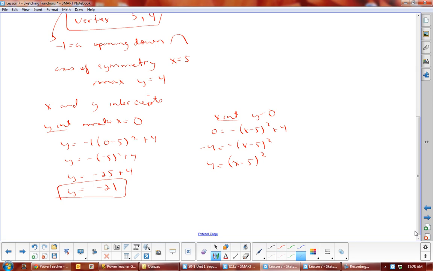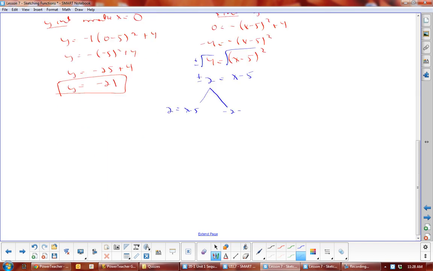Okay. Now I have to take the square root, right? Since I'm taking the square root, make sure it's plus minus. So plus or minus 2 equals x minus 5. So you're going to have to branch off. So 2 equals x minus 5, and -2 equals x minus 5. So you add the 5 to both sides, you'll get 7 equals x.